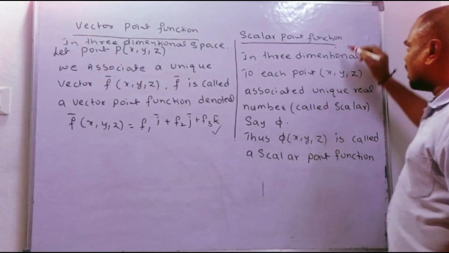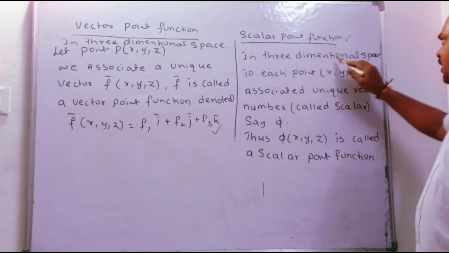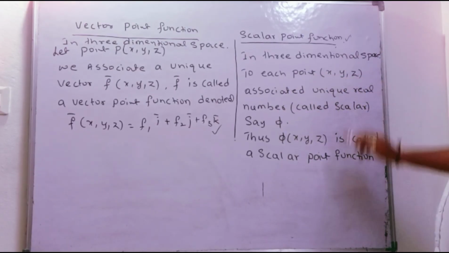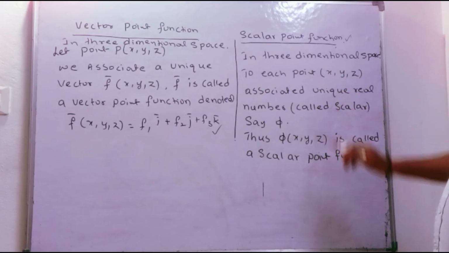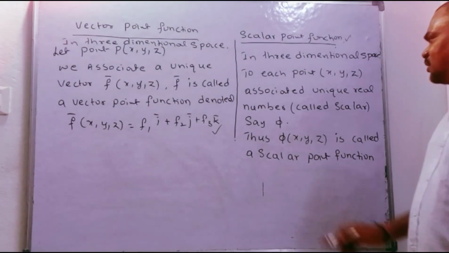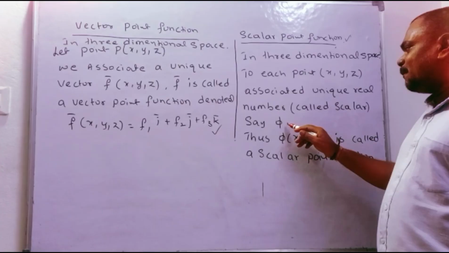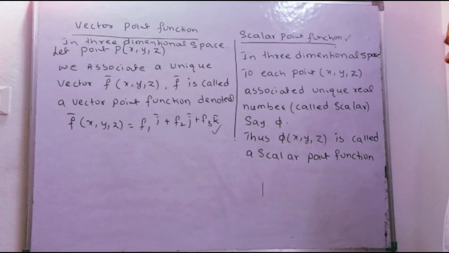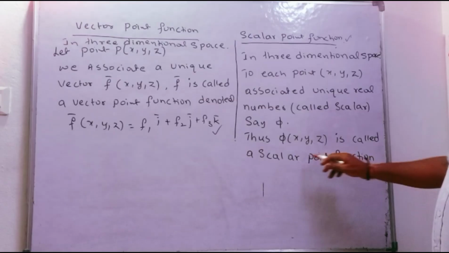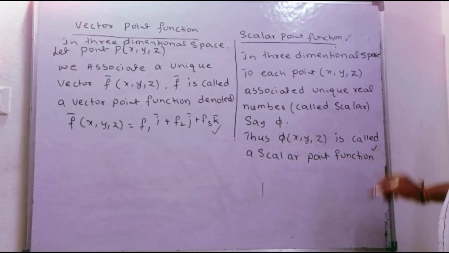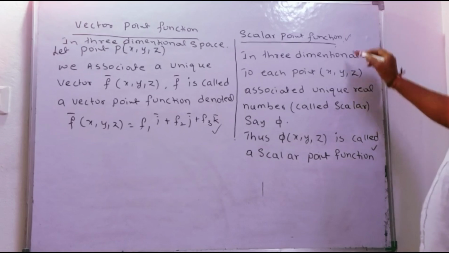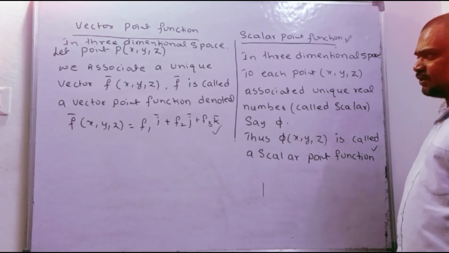And what is scalar point function? In three-dimensional space, to each point x, y, z, we associate a unique real number called a scalar function, say phi. It is denoted by phi. Thus, phi of x, y, z is called a scalar point function. We define vector point function and scalar point function.